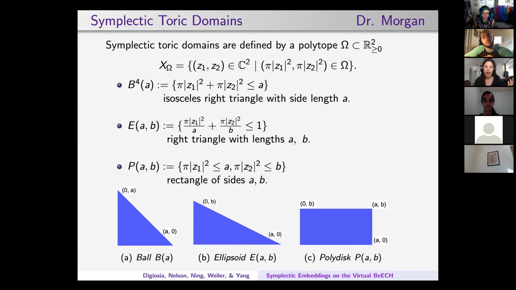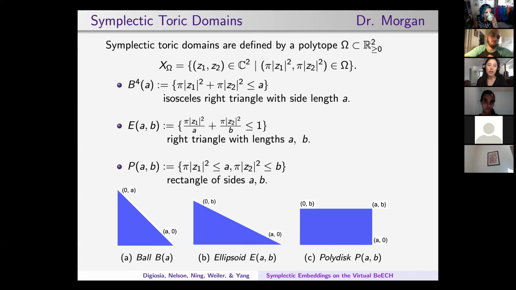I can recast the ball, the ellipsoid, and the polydisk, and actually the four-dimensional cylinder as well, although we're not thinking about that example throughout the rest of the talk, as X omegas for the omegas on the bottom of the slide.